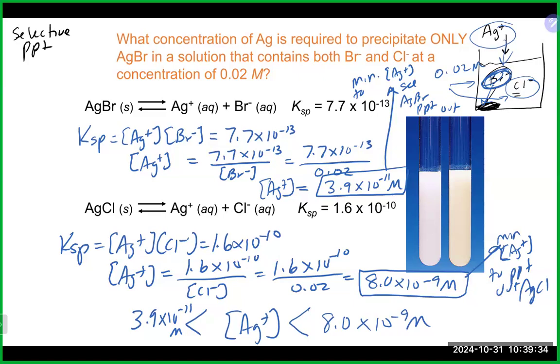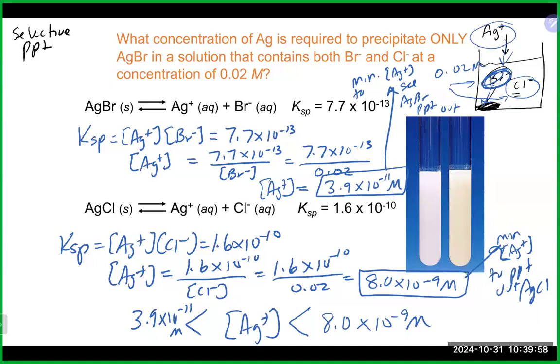So if you add silver at a concentration of 3.9 times 10 to the minus 11, you will see this white precipitate out. You could continue to increase the concentration of silver as long as you keep it under 8 times 10 to the minus 9, and you will continue to see white solids come out. And you can feel pretty confident at that point that the white solid that you're seeing is the silver bromide that's precipitating out.